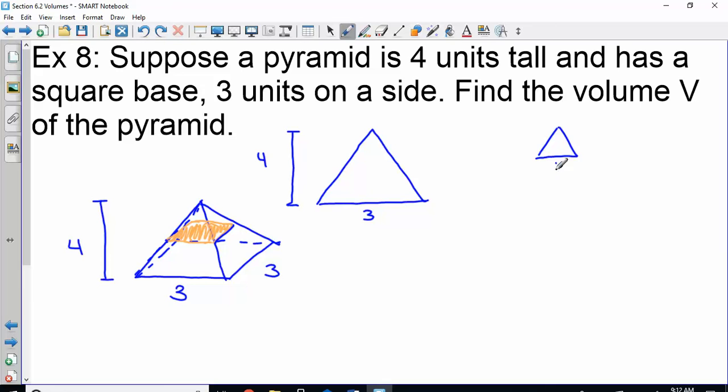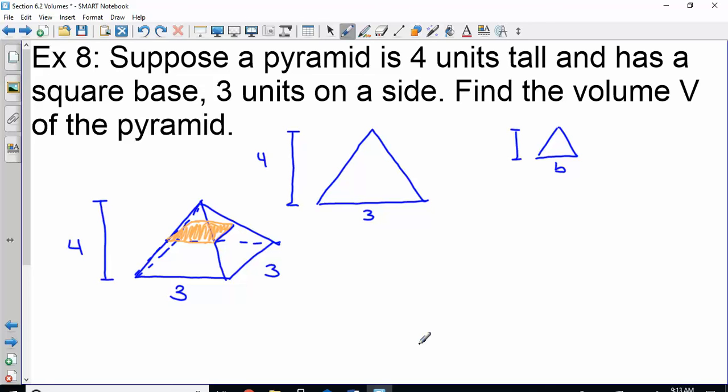We don't know the base, let's call that B. We need some kind of expression for the height. Okay? If this is sitting on the x-axis, then the distance from the x-axis up to our cross section is what? Y, right? It's your vertical distance. And the whole thing is 4.